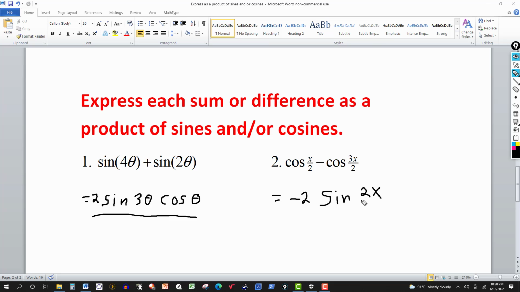And that's divided by 2. And that's times the sine. And now this one is a difference, x over 2 minus 3x over 2. So that'd be minus 2x over 2, which is minus x. The 2's divide out. That gives me a minus x.